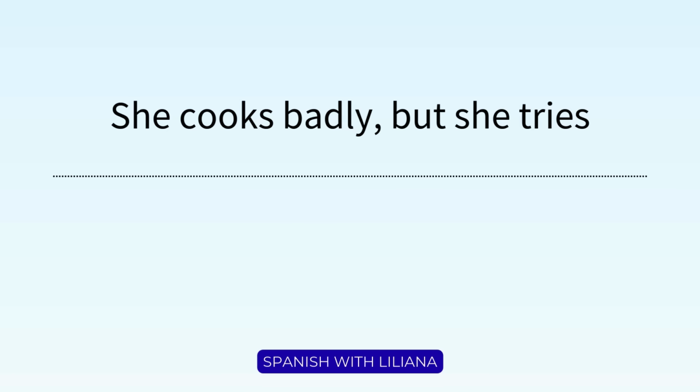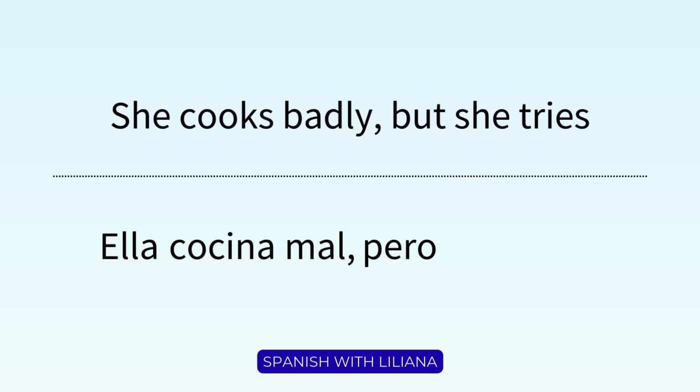How about she cooks badly but she tries? How do you say she cooks in Spanish? Ella cocina. And badly? Mal. Ella cocina mal. But she tries. But is pero.